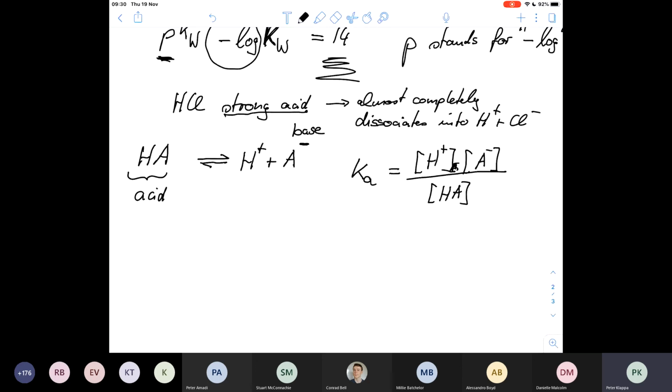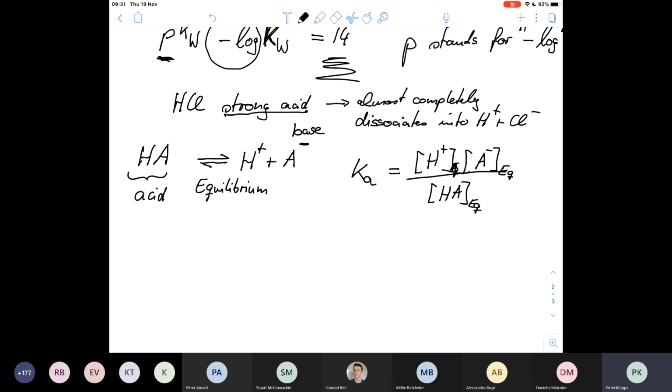Sometimes you see it with an EQ at the end here. This means we wait a little bit, and then the acid forms this equilibrium. What an equilibrium is, we will discuss in more detail shortly before Christmas when we talk about kinetics and thermodynamics.